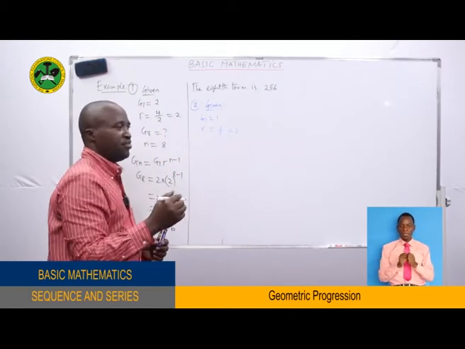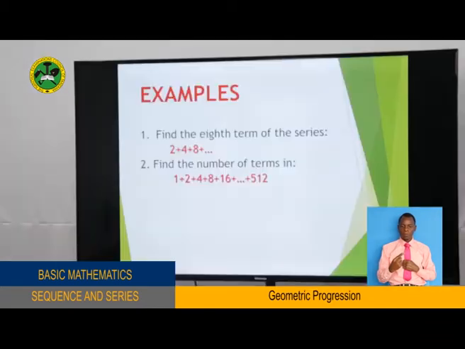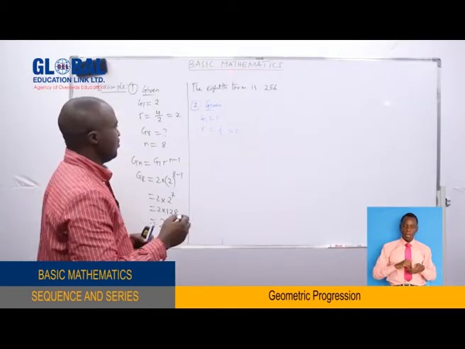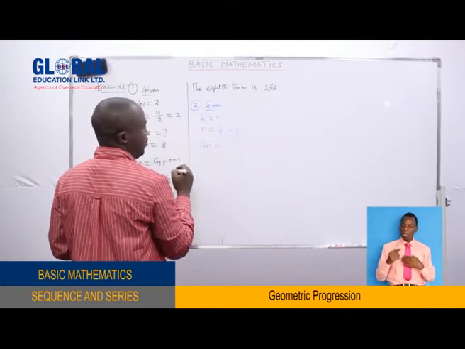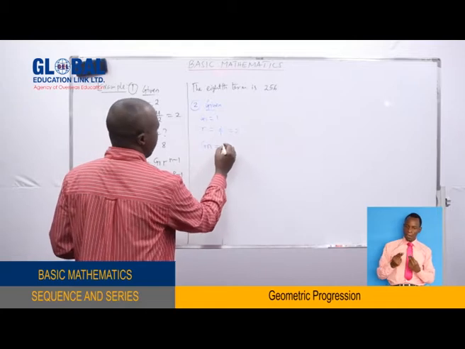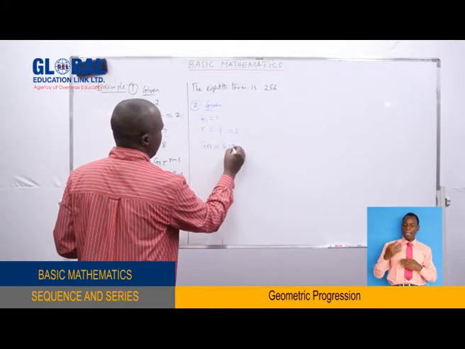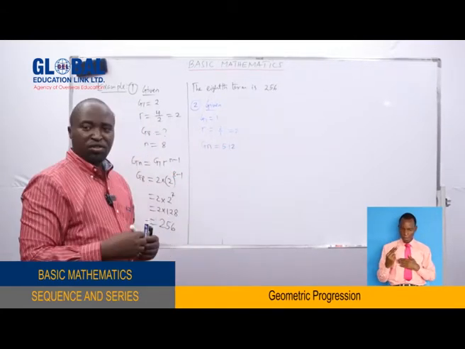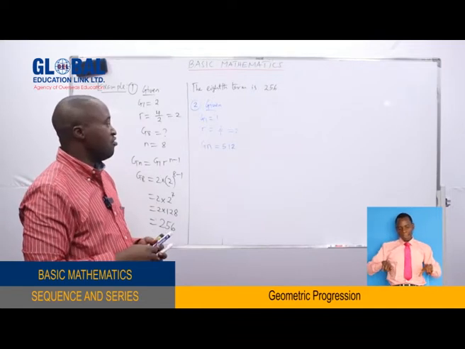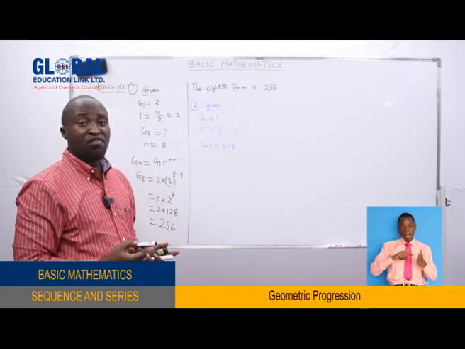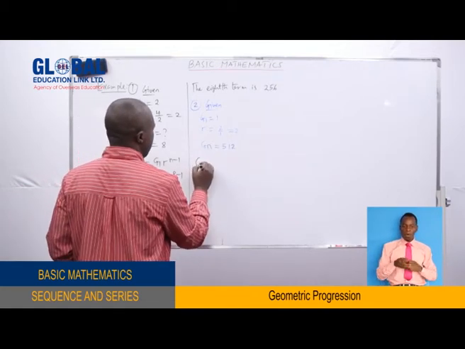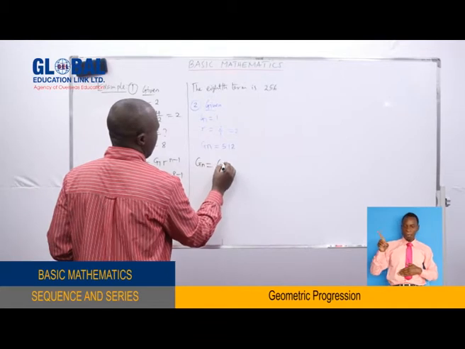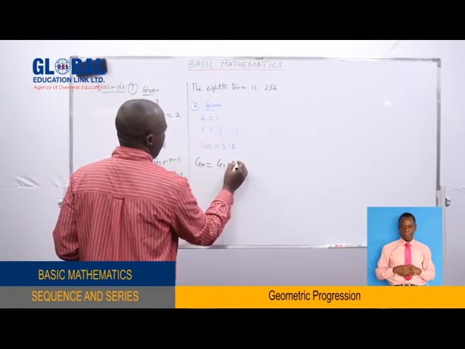Then again, we have been given the last term, that is the last number in that series. So here we have Gn, which is equal to 512. Now you remember our general formula for finding the nth term of the geometric progression. That is, Gn is equal to G1 R power n minus 1.